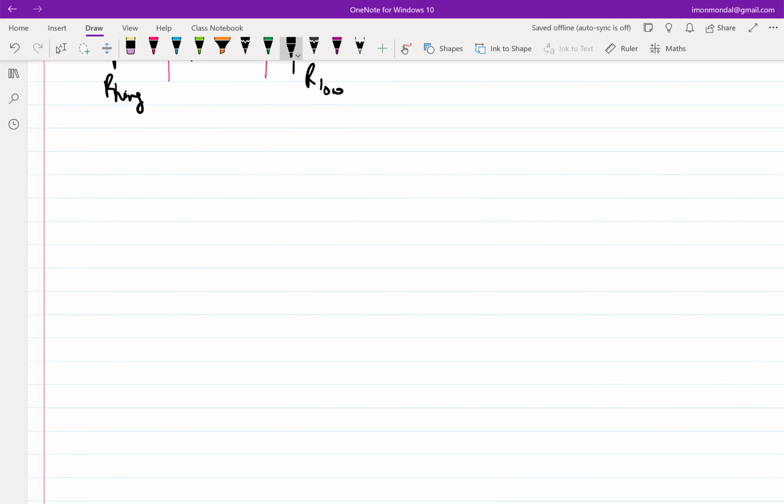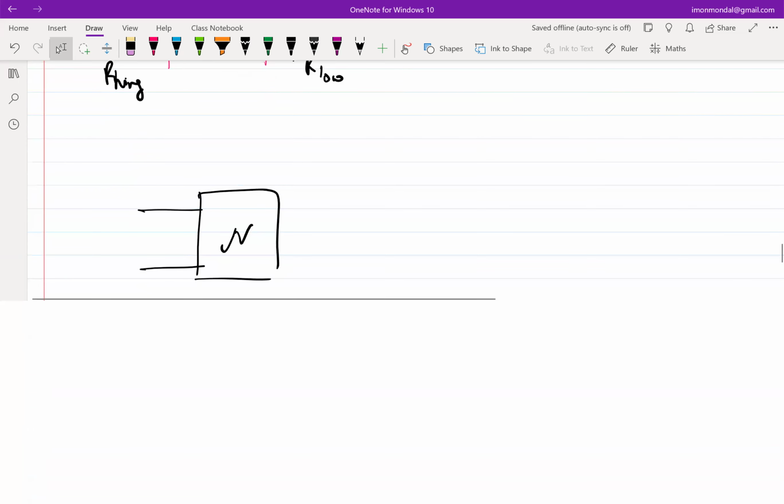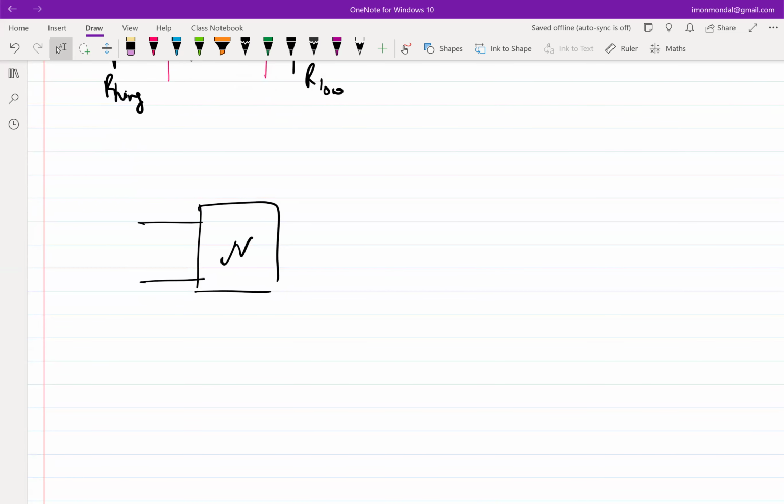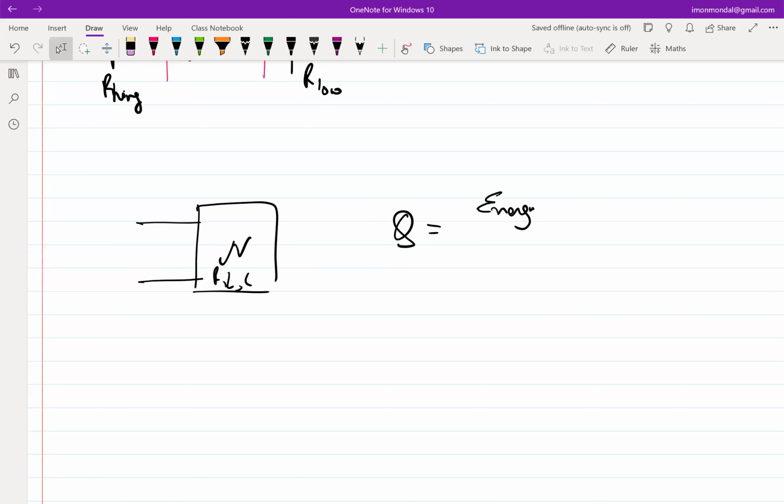The classical definition of Q is: if you have a network, any linear network with RLC or whatever, you can have controlled sources, it doesn't matter. Then Q by definition is energy stored per cycle divided by energy dissipated per cycle.